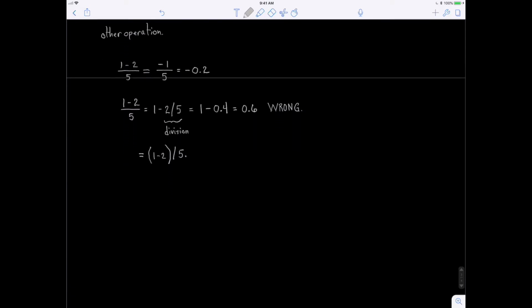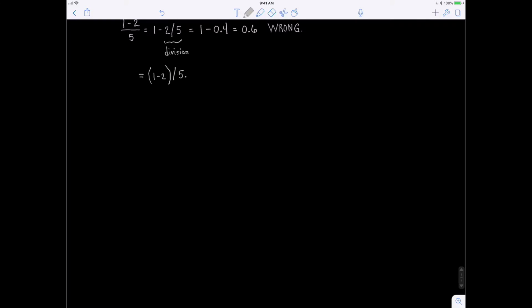Let's look at one more problem. And this is something we're going to see quite a bit, and that is the use of formulas and substitution. So for example, say I give you this formula: C equals the square root of a squared plus b squared.